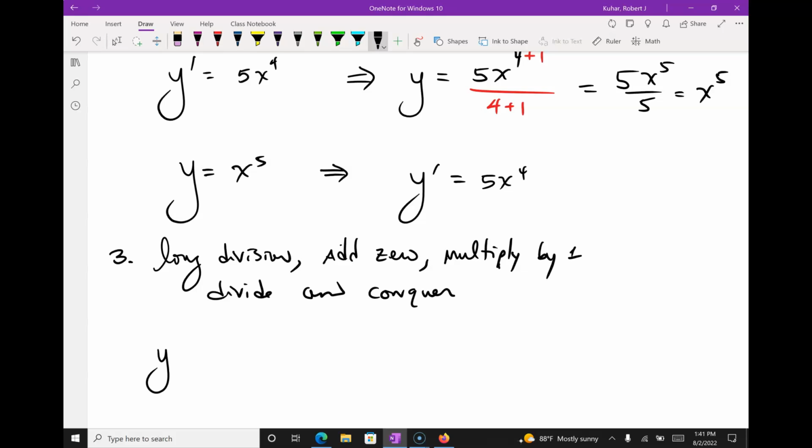So for example, if I tell you my derivative is x squared over x squared plus 1, this one, so divide and conquer is when you have a multi-term numerator, right?